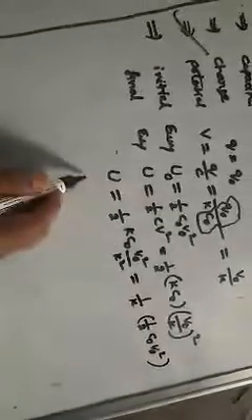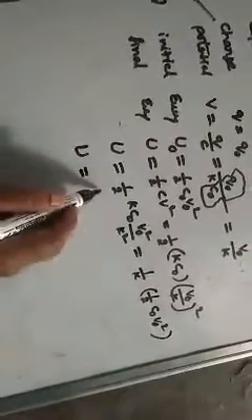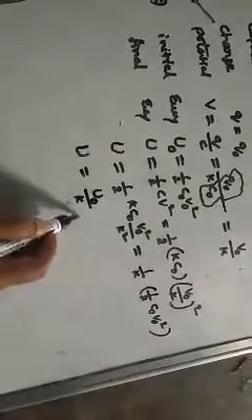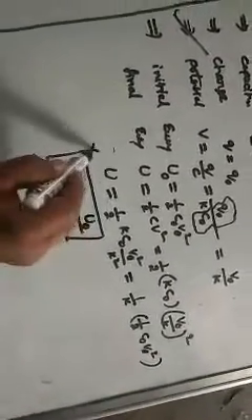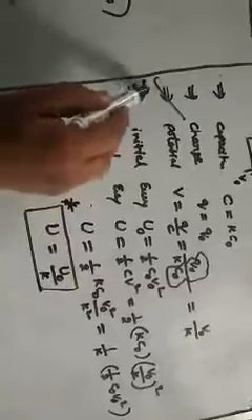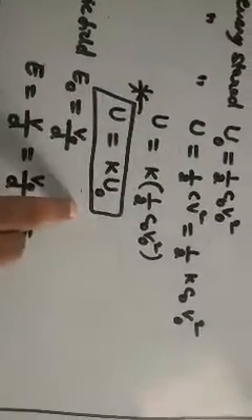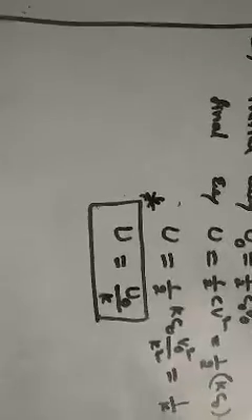Cancellation you can do. So here 1 by k times half C naught V naught square. This bracket is nothing but the original energy, so the new energy U is U naught by k. So energy decreased by k times. This sentence is also important; so many times it came in the exam. The previous concept was energy increased by k times; here energy decreased by k times. Check it. So this is our new concept here.